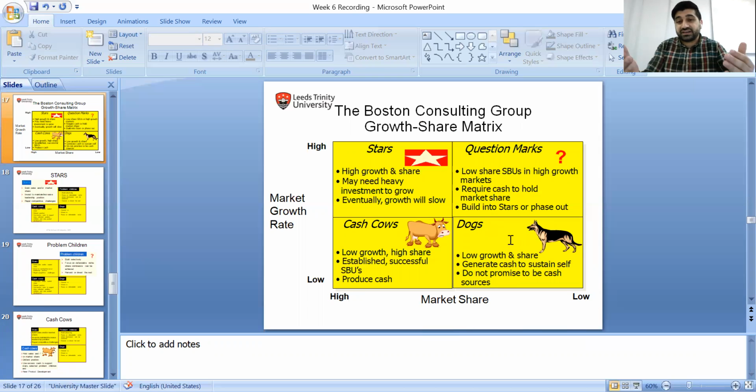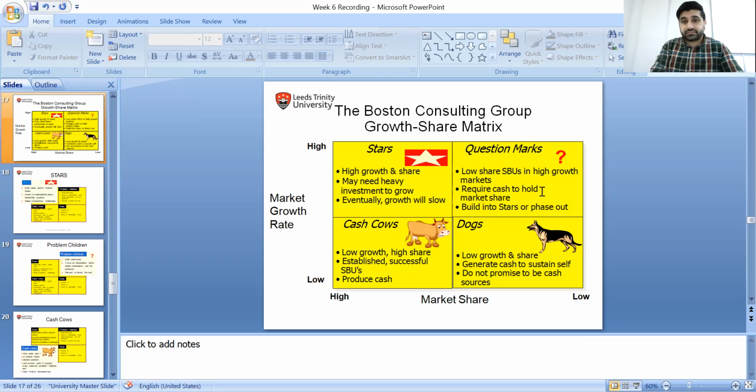We are just generating cash to sustain ourselves, with very low growth and very low cash.